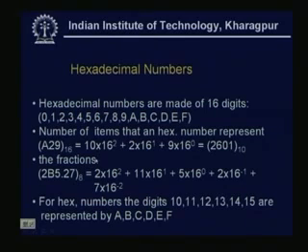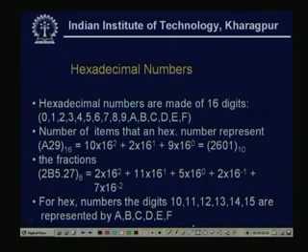And the fraction can be treated in the same way that we have handled the octal and the decimal. Say if the number is 2B5.27, it should be in base 16. So, the base should be 16 for hexadecimal. Then the place value of 2 is 2, that means it should be 2 into 16 square.